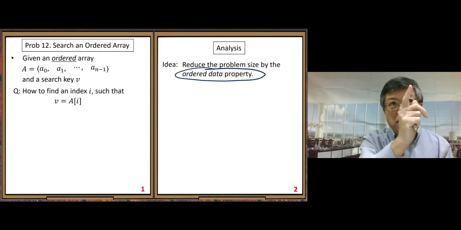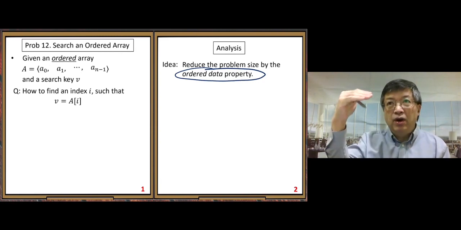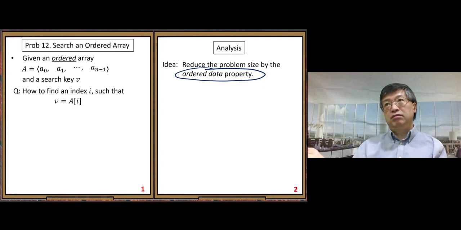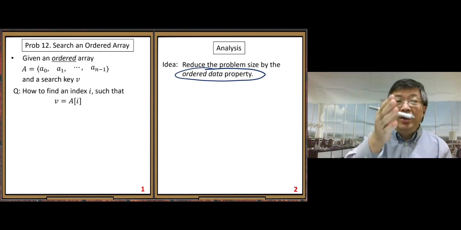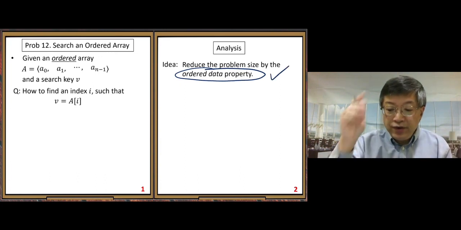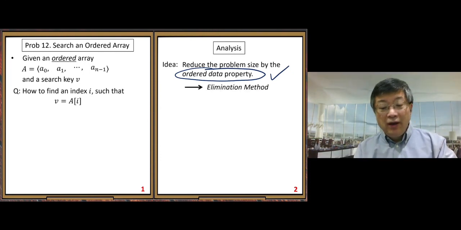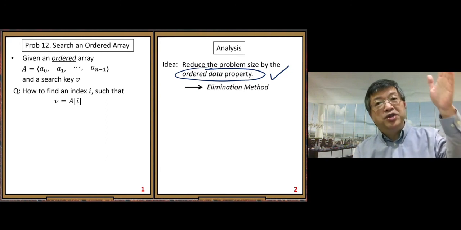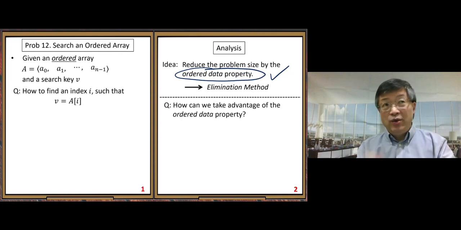You can see we spend a lot of comparisons to sort the original array. But here we are given an ordered array, so we do not need to sort it. We need to take advantage of the sorted array. For the implementation method, we use the elimination method.